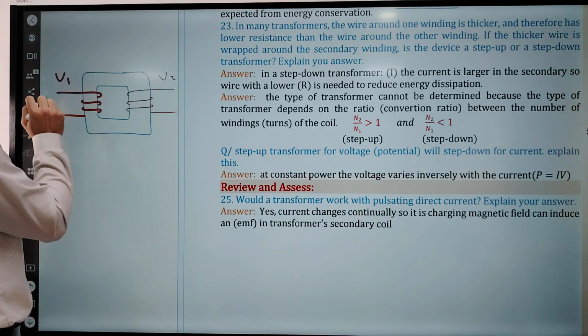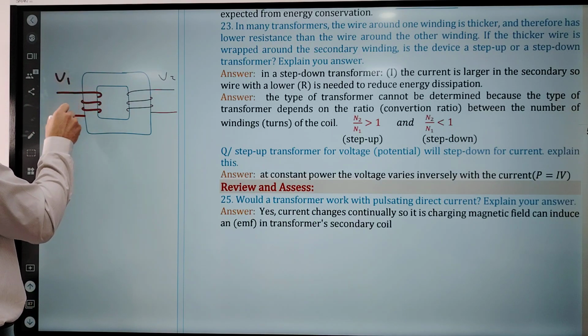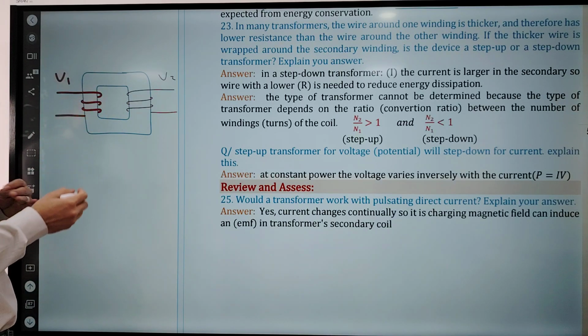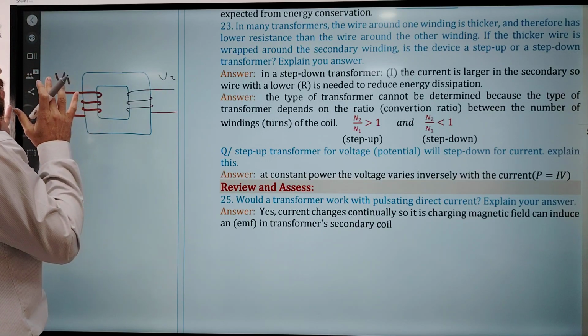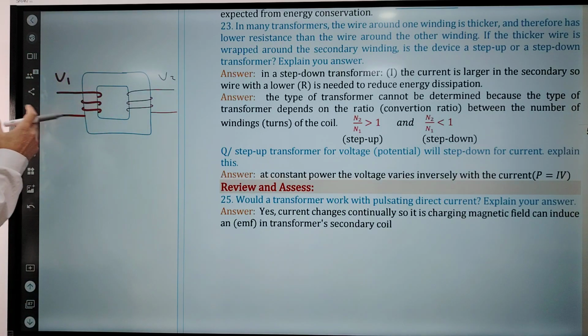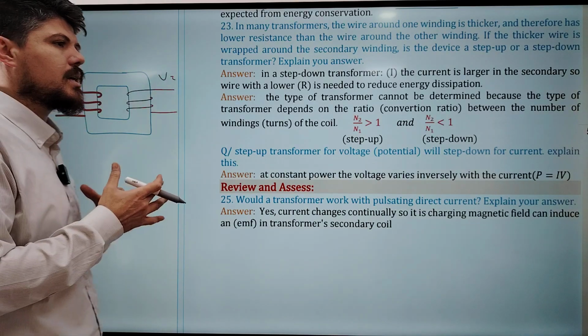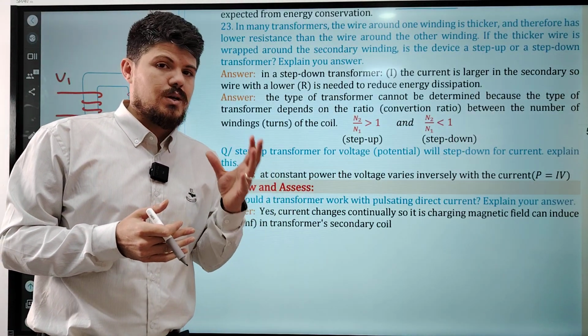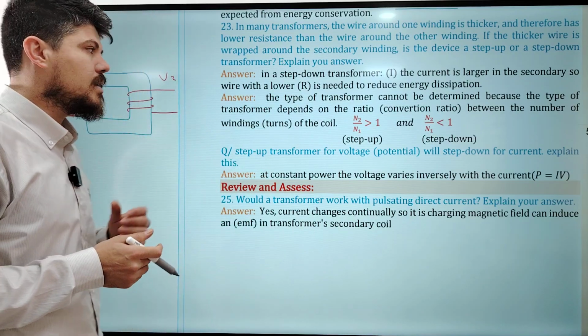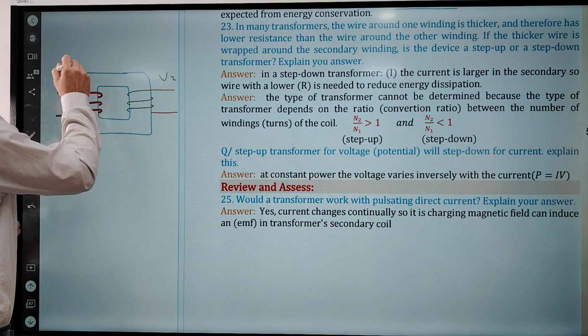The wire wound around the primary coil is thicker than the wire wound around the secondary coil. So can you determine the type of the transformer by the thickness or thinness of the wire from primary and secondary? Actually, yes, you can do it, because thick wire has low resistance.